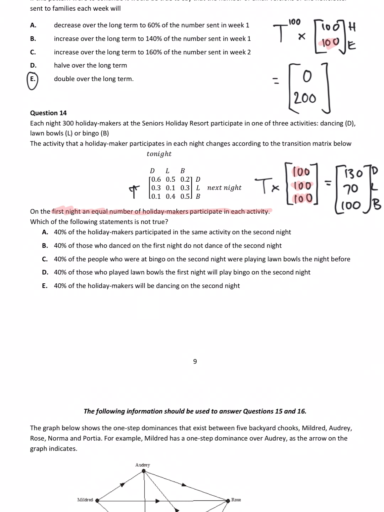Looking at this transition matrix, of the dancers, 60% will stay in dancing the next night. Of the people doing lawn bowls, 10% will stay in lawn bowls. And of the bingo people, 50% will do bingo. So we want to work out whether that aggregates to 40%.